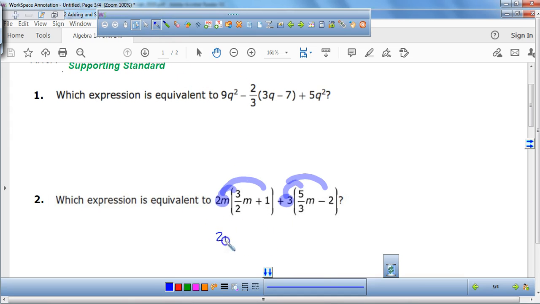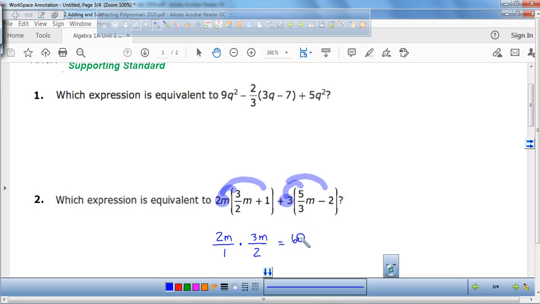So here we go. 2m over 1, that's how you can write it. You can put 1 in the denominator, times 3 over 2. Now you see that m right there? Technically, you could still put that m up here in the numerator if you want. You don't have to keep it down there by the side. So we're going to multiply that together. 2 times 3 is 6.